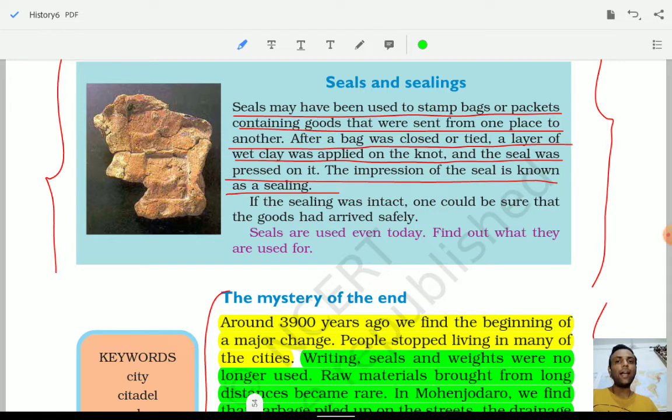And apart from that, they also kept it from stealing. If you see the seal is open, then please return. Today also we see these kinds of things on our packages. So understand their understanding in that era. This was the purpose of the seal, to protect their trade with different parts of the world, to provide them this assurance that whatever we are sending is protected using these seals. So this was the utility, right?